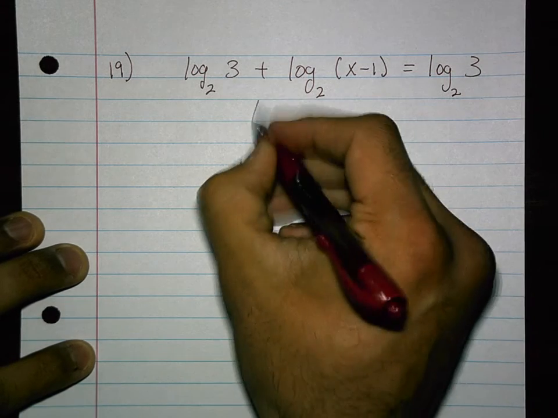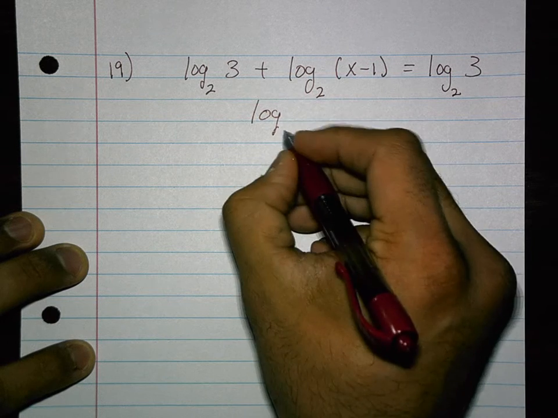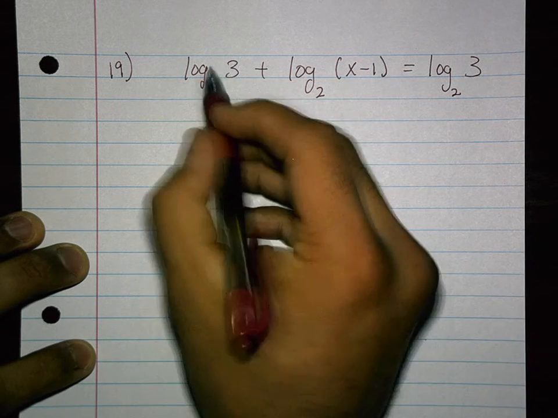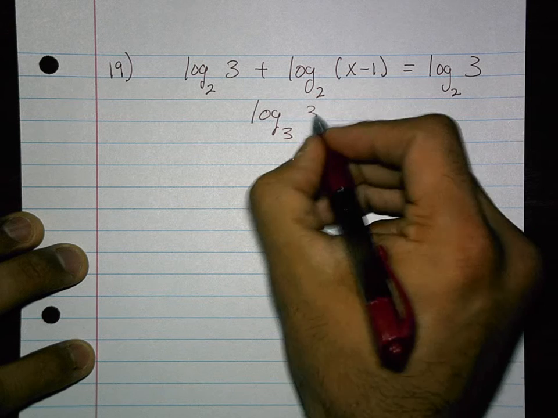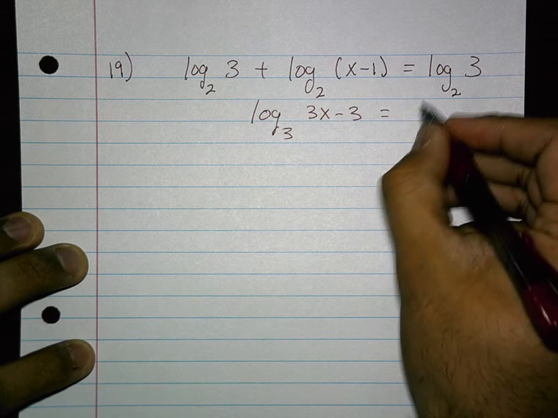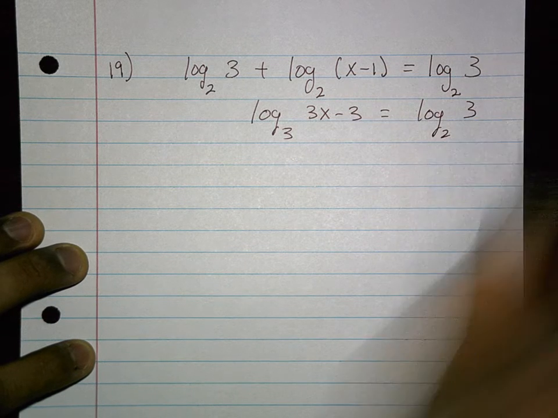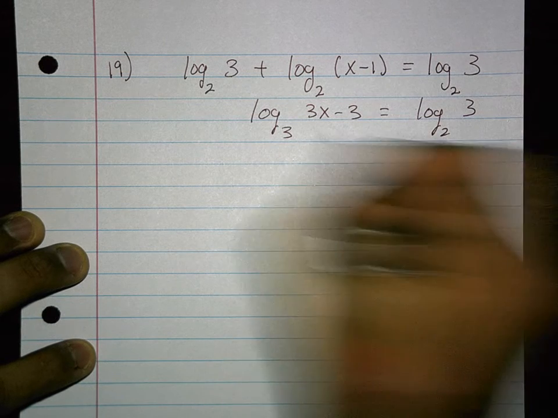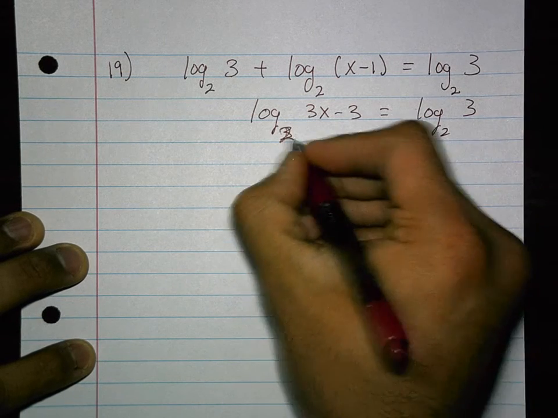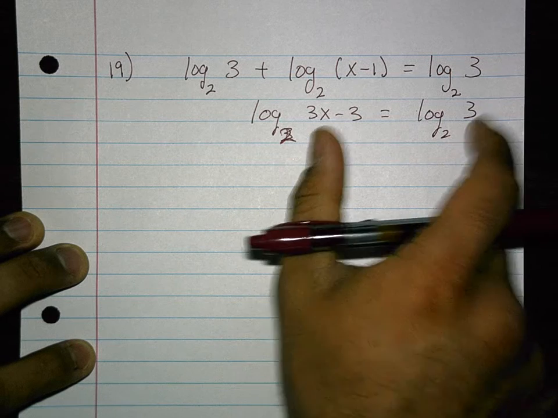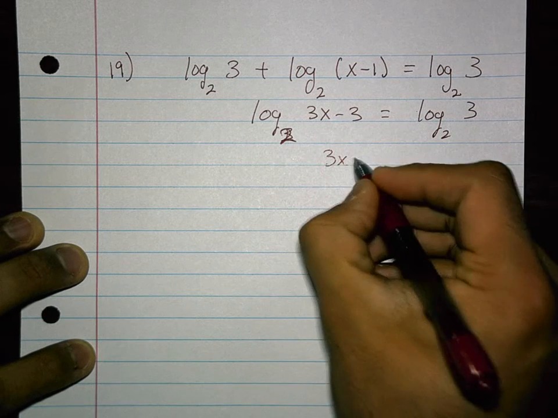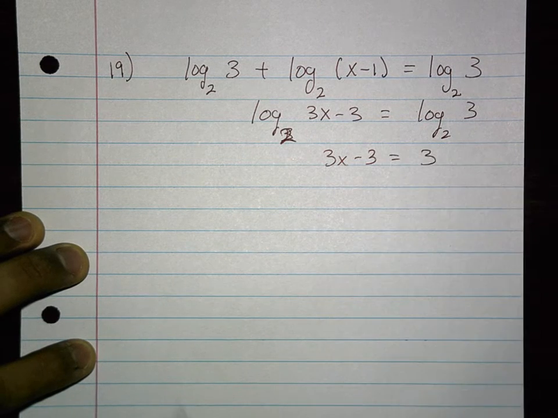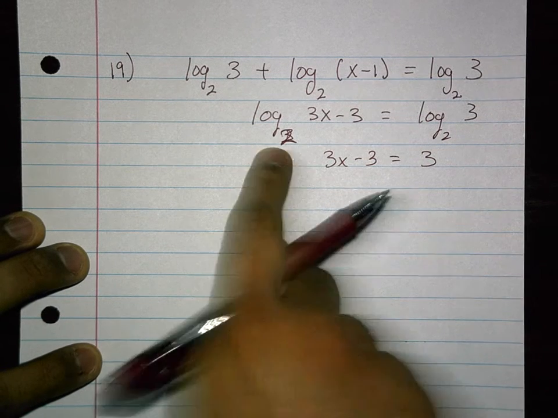So here I can use the product property for logs. Okay, and that means I get to multiply this one times this one using my distributive property. Now, sorry, this is a 2, not a 3. Now I look at these and I'm going to go ahead and put those two together, because I had 2 identical logs.